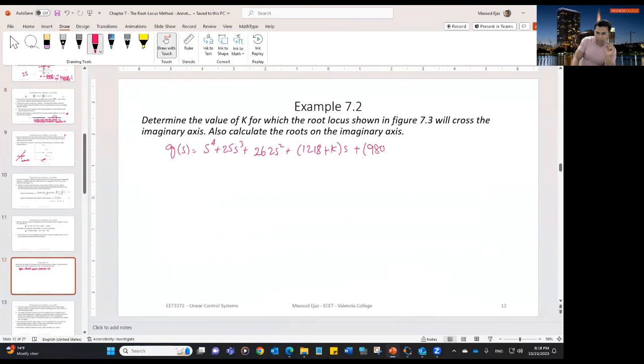Let's write this down. So that's your characteristic equation equal to 0.